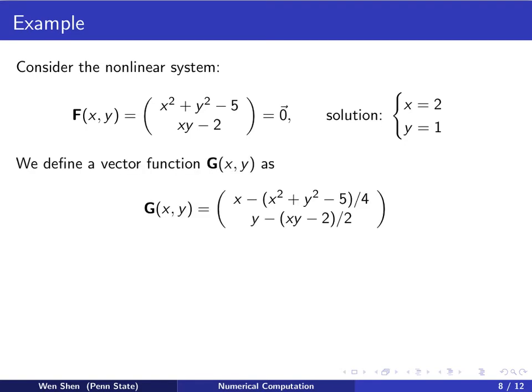We now define a vector function g as follows. The first equation is x minus, this is taken from the function f, but then we divide it by 4. The reason will be clear later. And the second equation is y minus, this is taken from f, but then we divide it by 2.